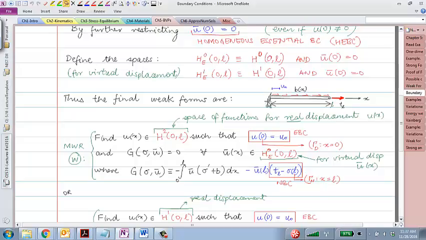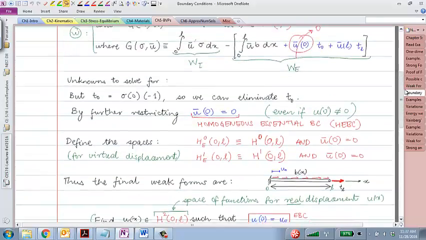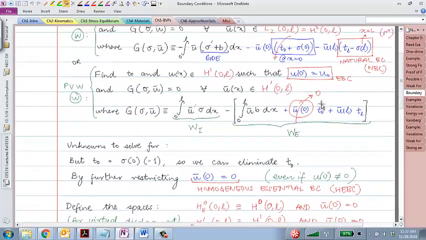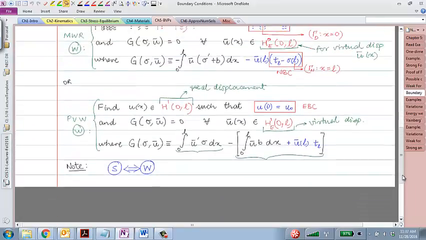Even though at this left end where the real displacement is given, this may not be 0, but this virtual displacement has to be 0 at that point. And that was only so that we could eliminate the unknown reaction term from our functional.